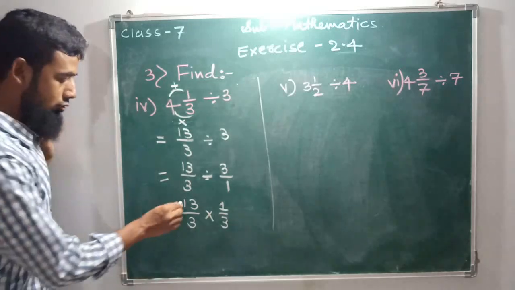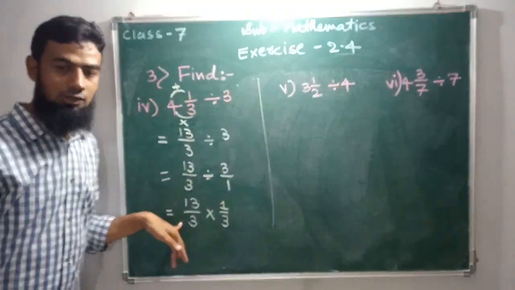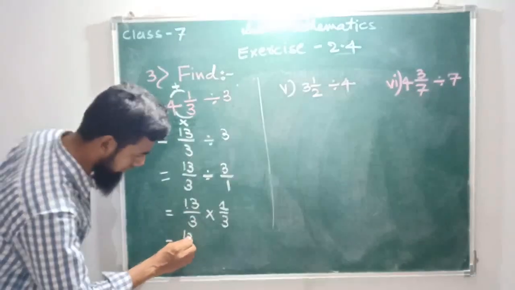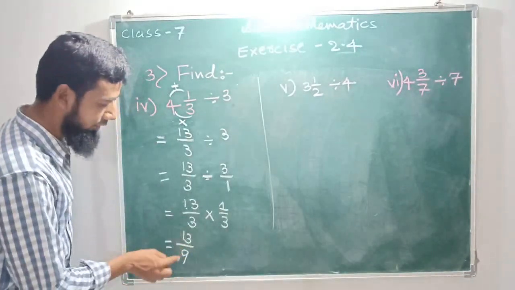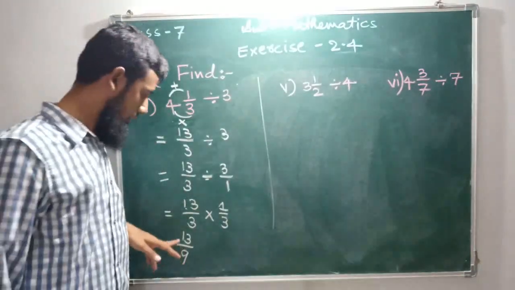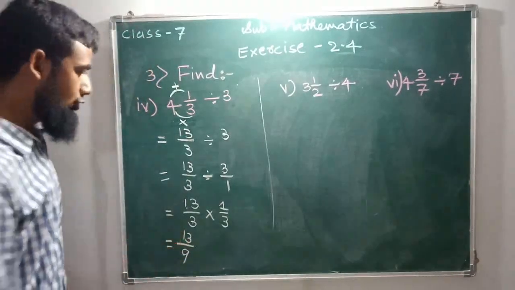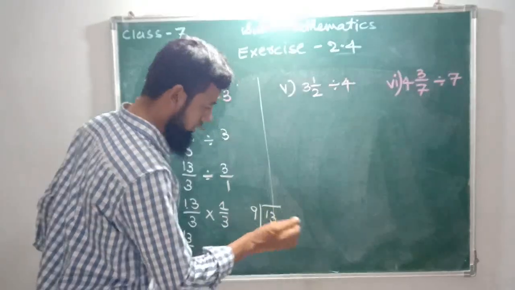Now multiply all the numerators and all the denominators. So 13 times 1 is 13 upon 3 times 3 is 9. So it is an improper fraction, right? So what do we have to do? We divide 13 upon 9.